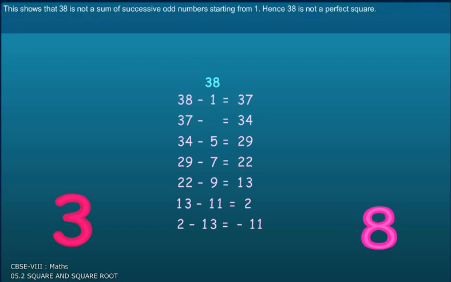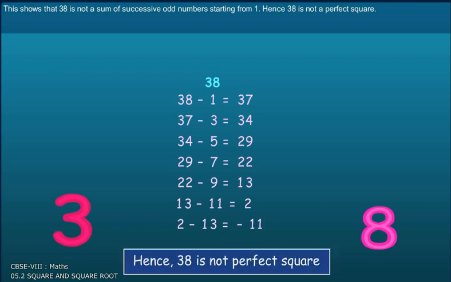This shows that 38 is not a sum of successive odd numbers starting from 1. Hence, 38 is not a perfect square.